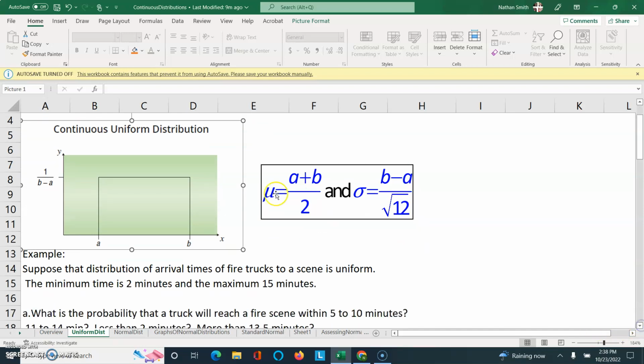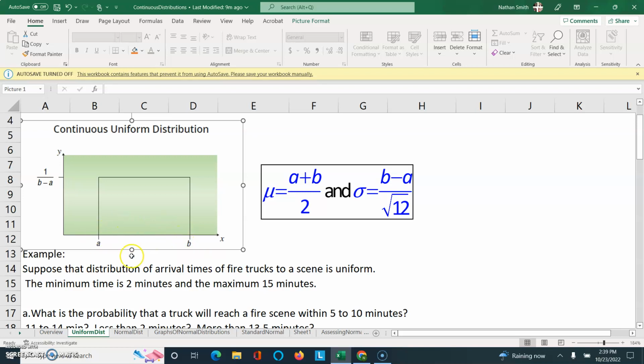So here's a graph of a continuous distribution that's uniform. The data starts at some lower value, the minimum, that we call A, and the data can range all the way up to some upper maximum, B, and the data can equally likely be any value between A and B.